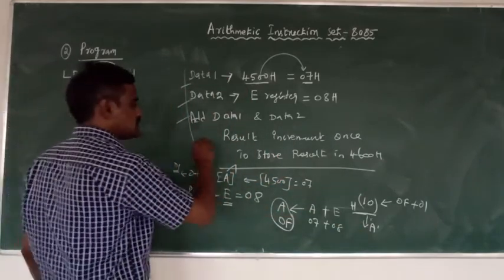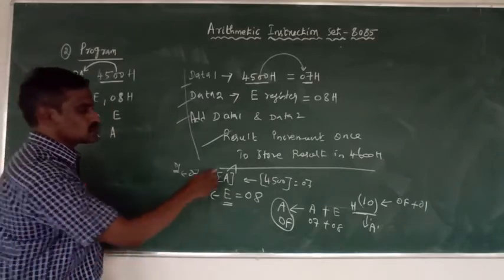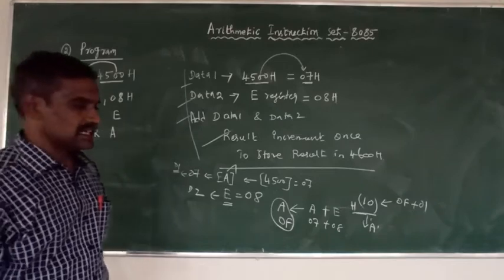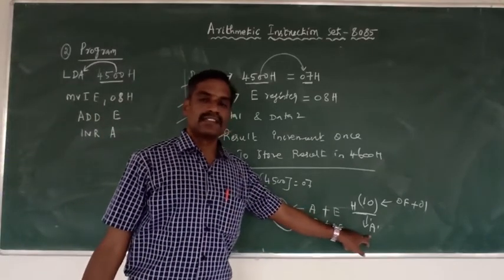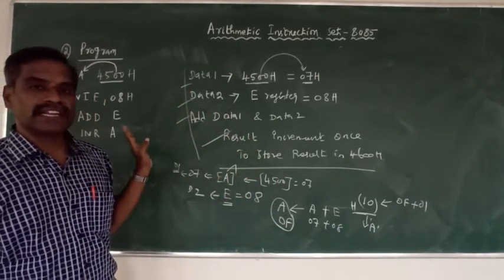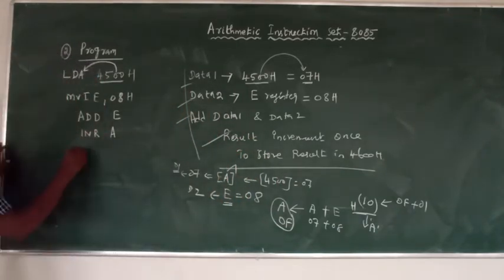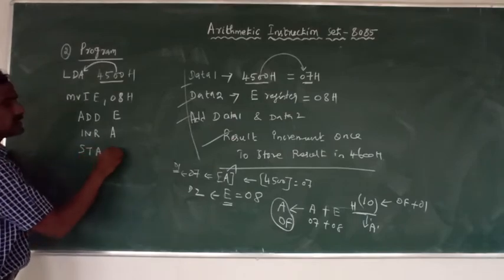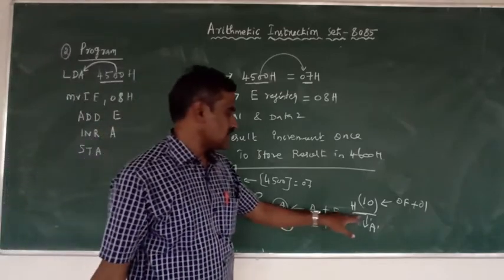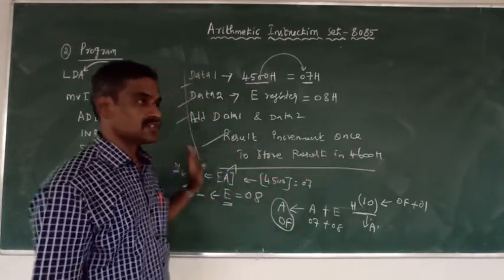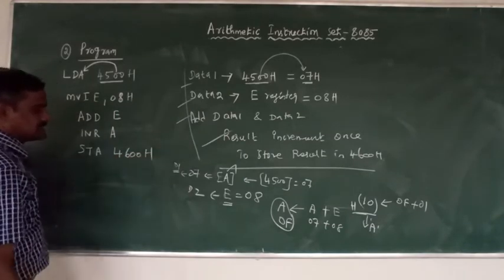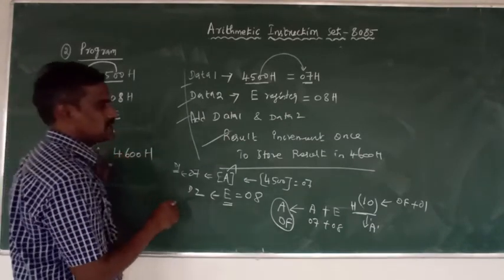Next, store the result in 4600 address. The result is available in the A register. This is for 8 bit. What is the instruction to store 8 bit data? We can use STA. STA stores the accumulator result, 10, at the 4600H address.